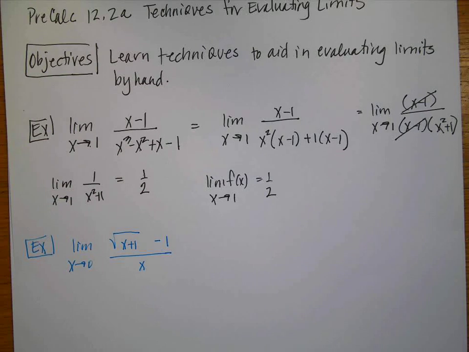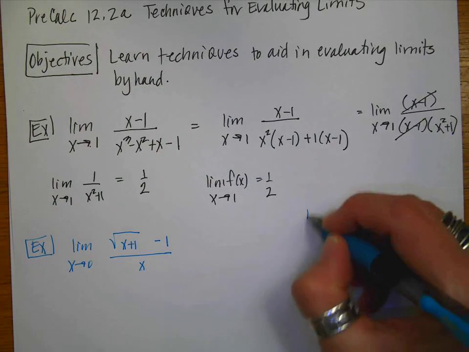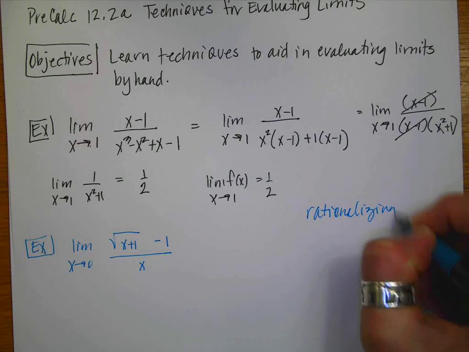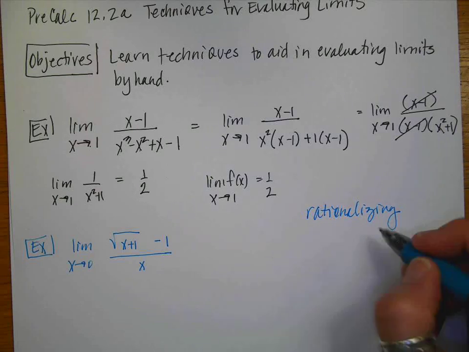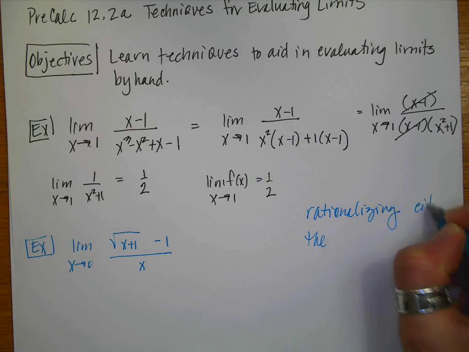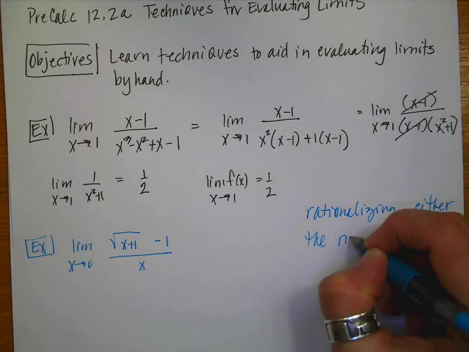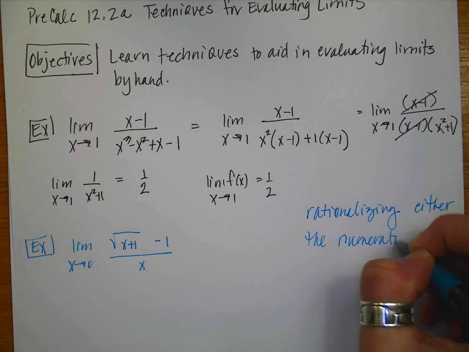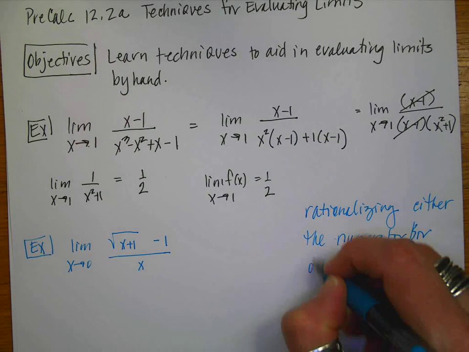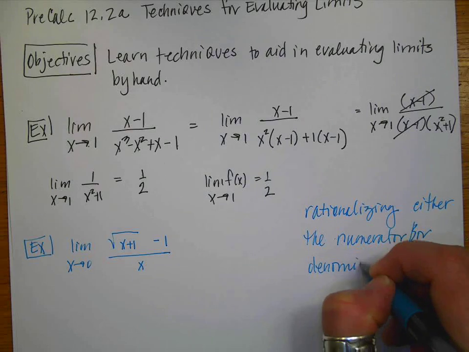One of the ways that we can manage a limit by hand is by rationalizing. So I'm going to write it over here. Before, we've talked about rationalizing the denominator, but now you can rationalize either the numerator or the denominator.